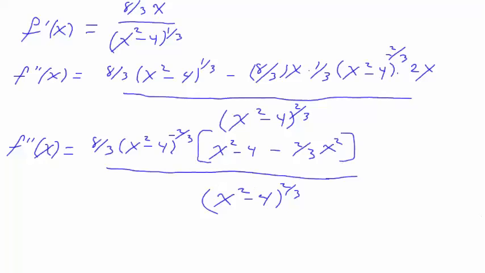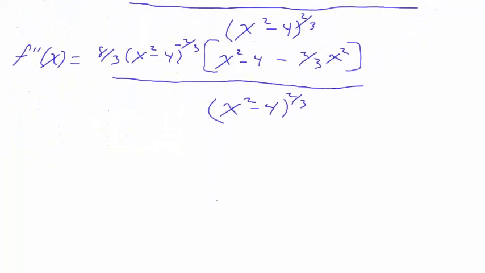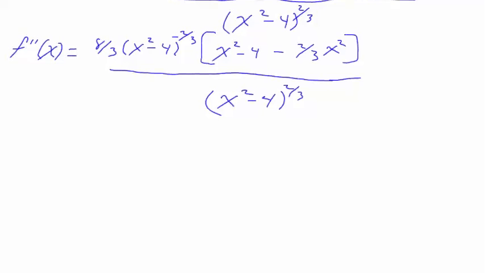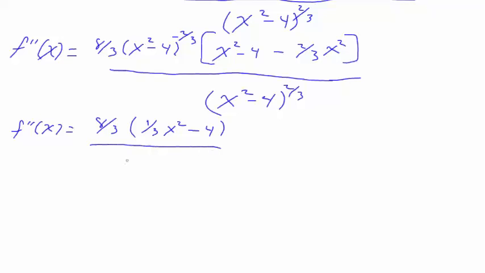Okay, so we can go now through this and simplify this down some more. So we have f double prime of x is equal to, and I'm just leaving this 8/3 up here in the numerator. So we end up with 1/3 x squared minus 4 over x squared minus 4.